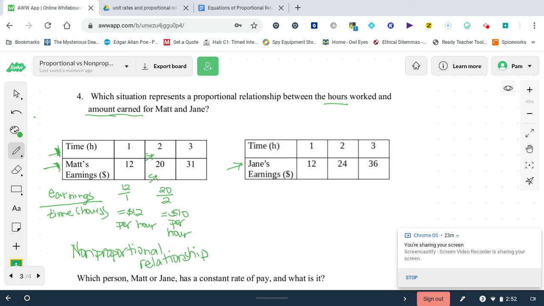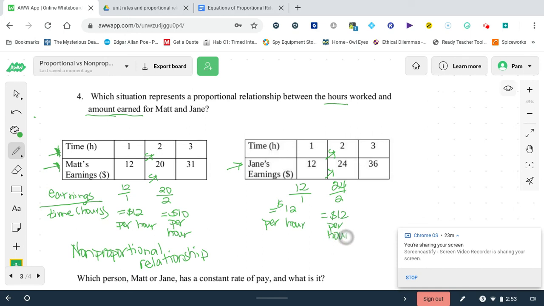Okay, let's take a look at James. Again, it's earnings divided by time. So 12 divided by 1. Right now, for 1 hour, she made $12 per hour. Here, it was $24 in 2 hours. That ends up being $12 per hour. And you all, I know you can do this.